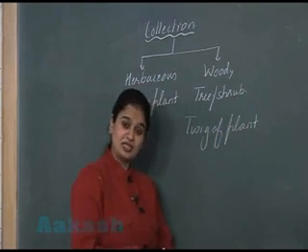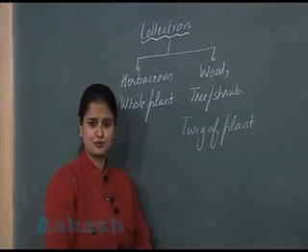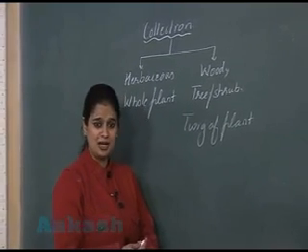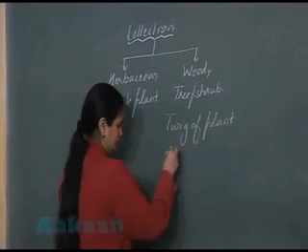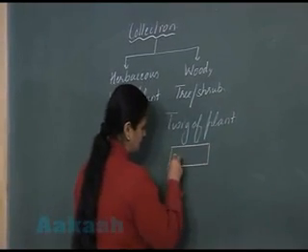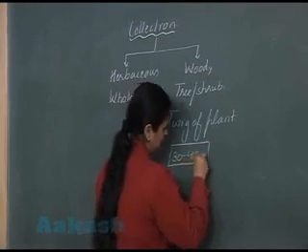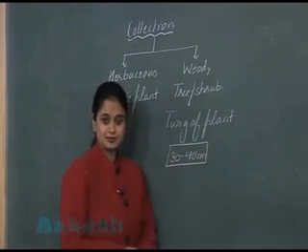The twig should show features like leaves, fruits and flowers of the plant. Now the size of the twig should be from 30 to 40 centimeter.